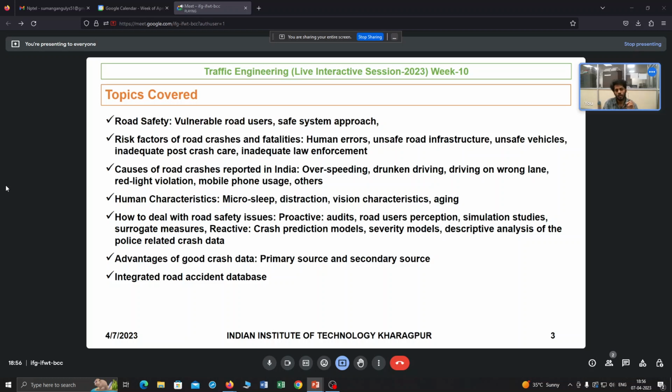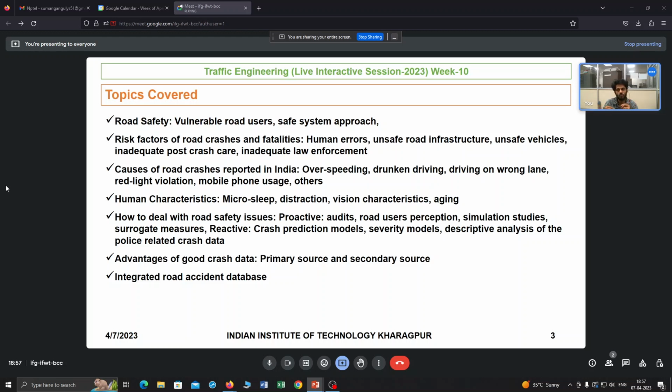Then also drunk driving, driving in the wrong lanes, red light violation, and using mobile phones while driving. These are some of the factors which are causes of road crashes, but overspeeding is the number one. So you can correlate also. As overspeeding is number one, first is why vehicles are overspeeding.